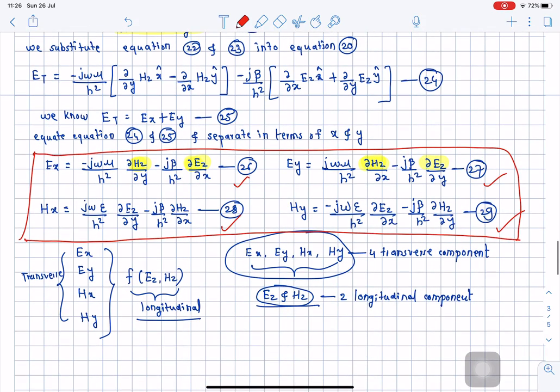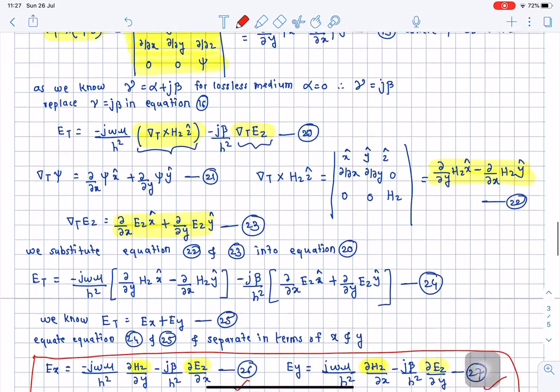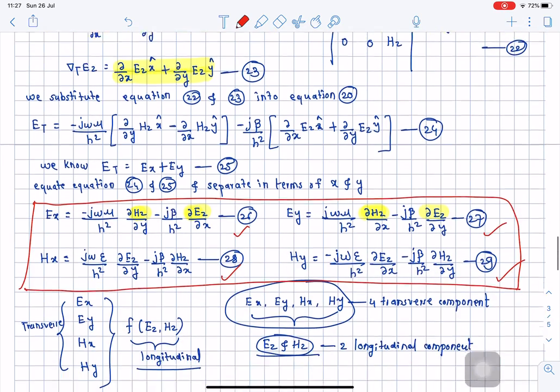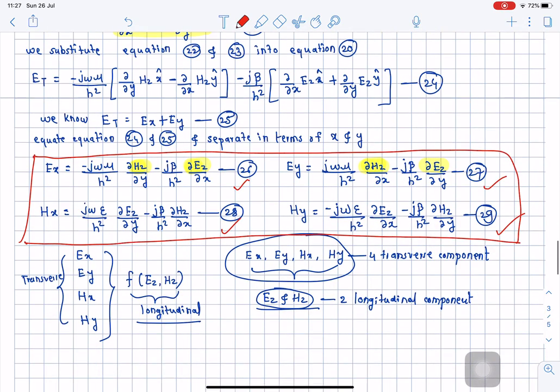These 4 equations in general represent the transverse field components, and we need them when we analyze rectangular and circular waveguides. So you need not derive them again; with some particular technique you need to remember these formulas, that is, you should recall equations 26, 27, 28 and 29 and use them whenever a specific type of waveguide analysis is required.